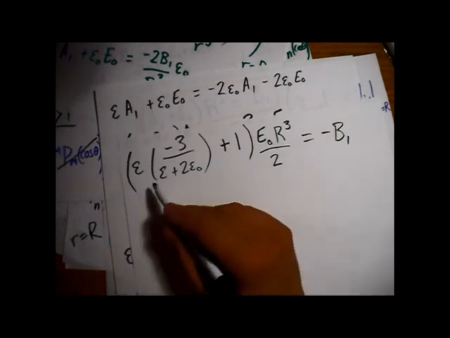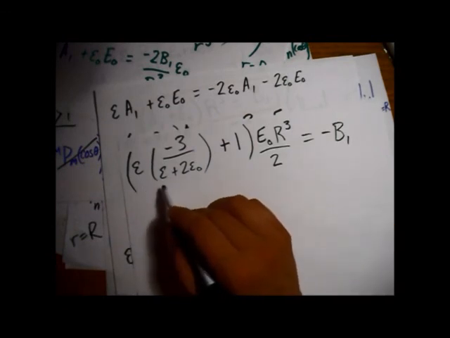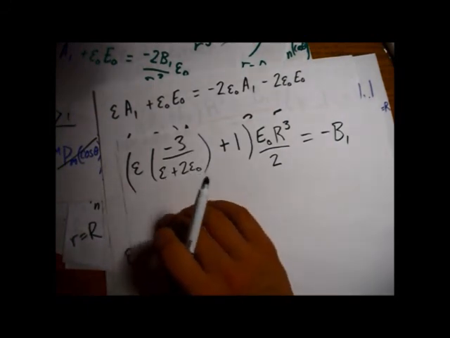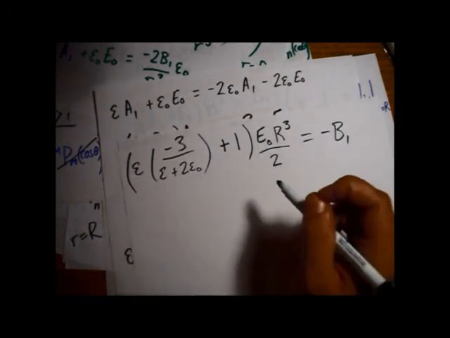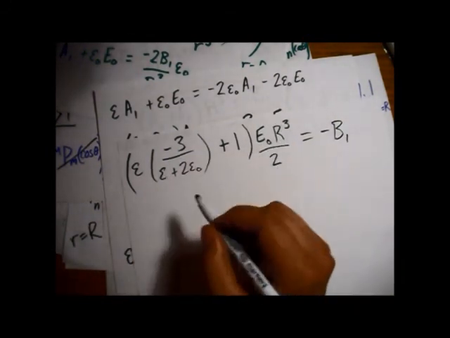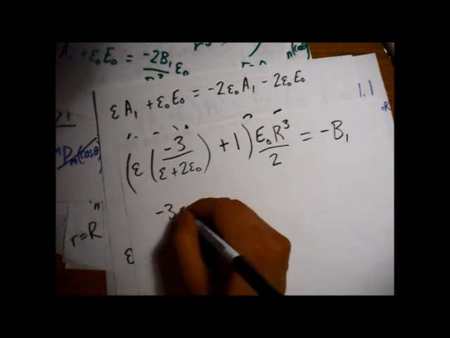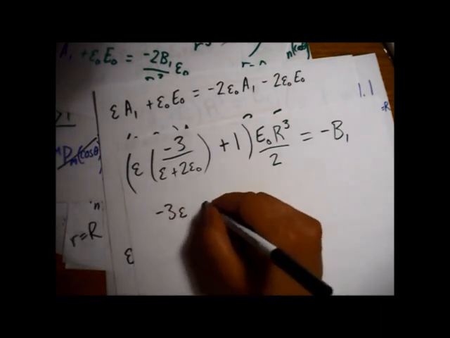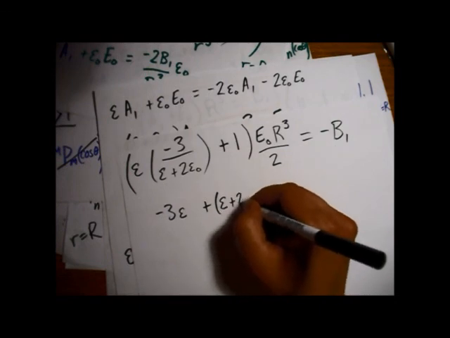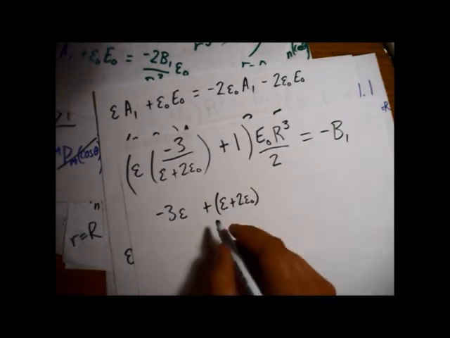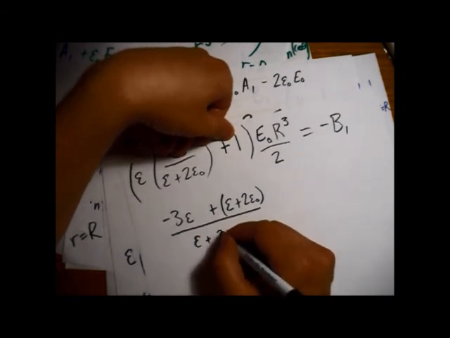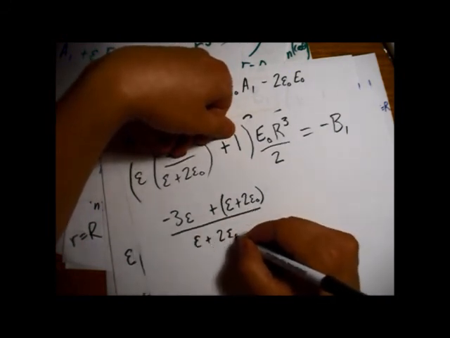Let's see. I can combine this into here. So like a minus 3 epsilon plus an epsilon plus 2 epsilon naught for this one, all divided by epsilon plus 2 epsilon naught.